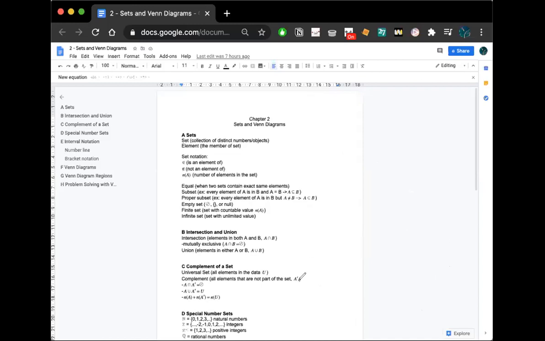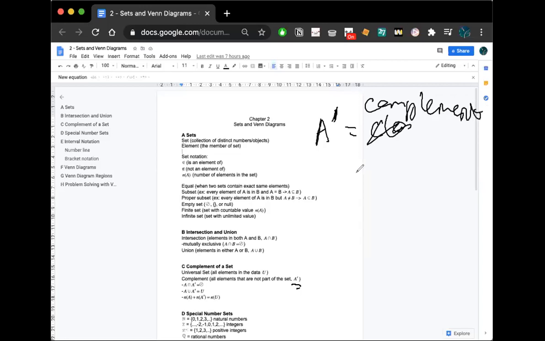And then complement. When there's a set and then there's this accent, I don't know how you call it, I just usually call it an accent, it means the complement of it.